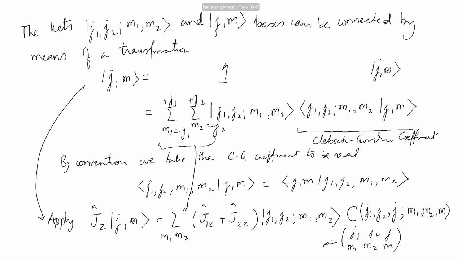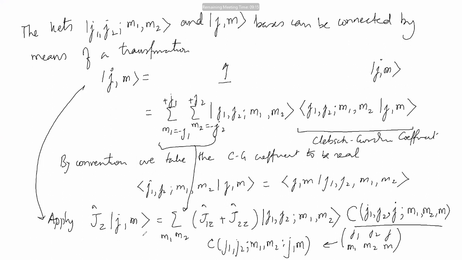And this is written in many ways. This is one way of writing this. The other way is to write J1, J2, M1, M2, J. They both are one and the same. Either you can write J1, J2, J, M1, M2, M, or J1, J2, M1, M2, JM.